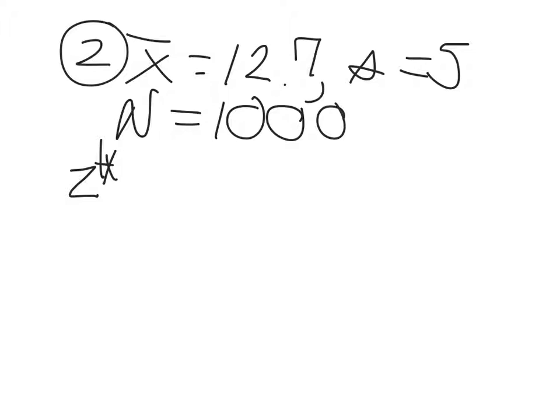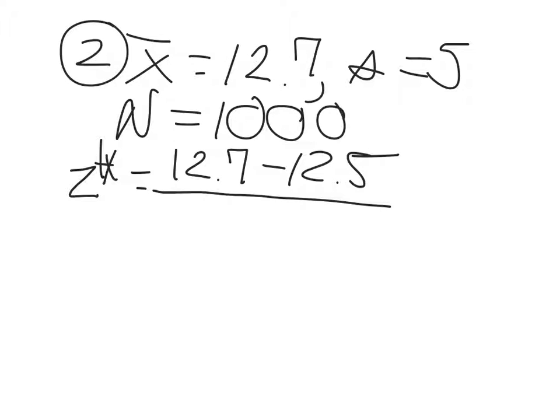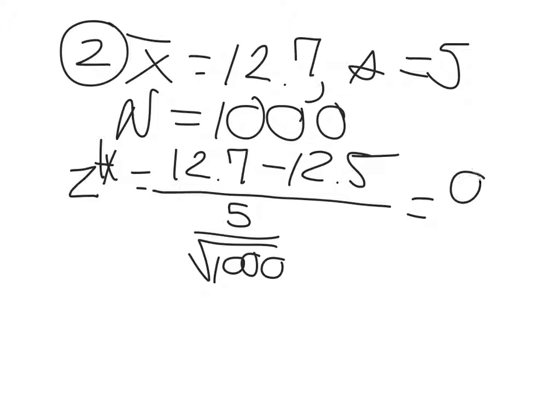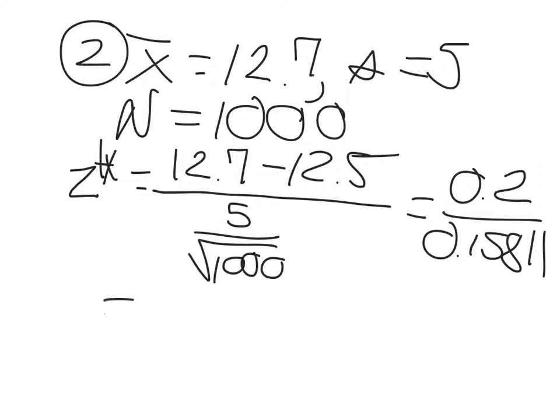So we're going to have 12.7 minus 12.5 all over 5 over the square root of 1,000, and that's 0.2 over 0.15811, better known as something like 1.265. Okay? Did everybody get that? Good, I'm pretending that you're answering me.